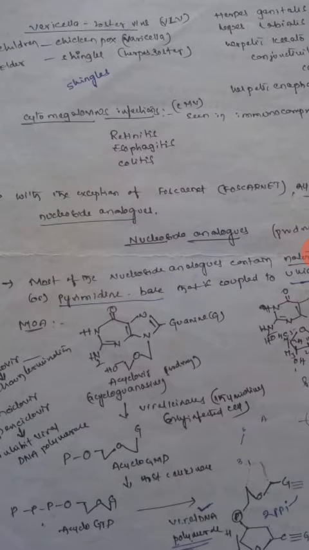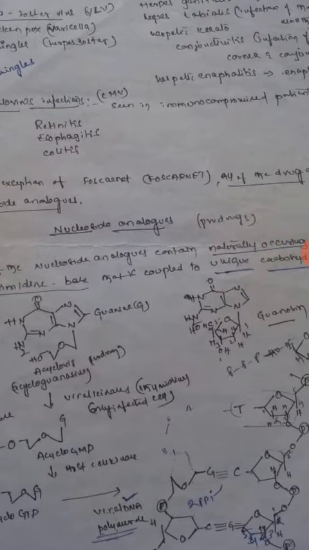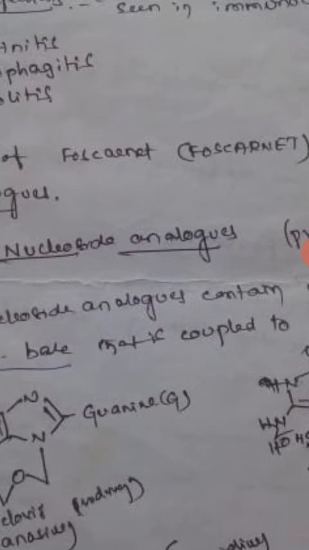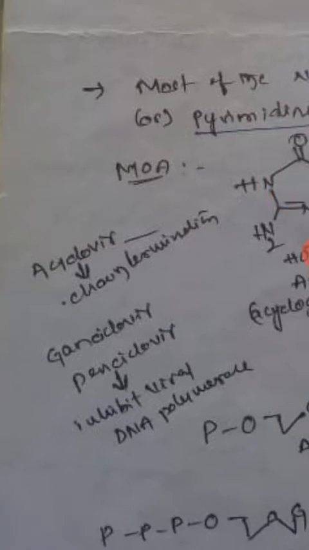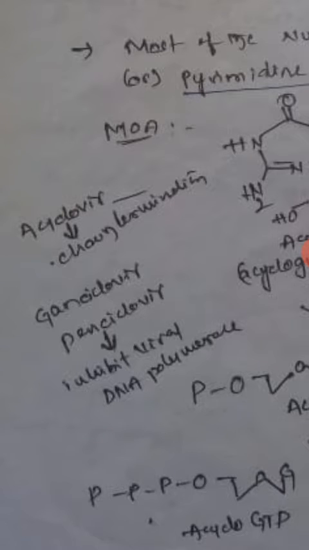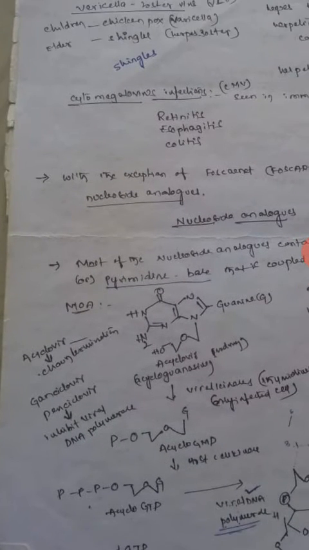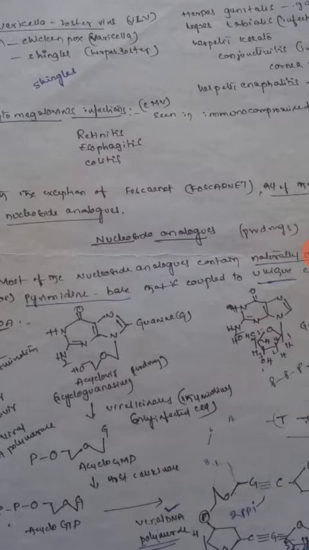For pyrophosphate analog, there is only one drug, called foscarnet. Nucleoside analogs include aciclovir, ganciclovir, penciclovir.